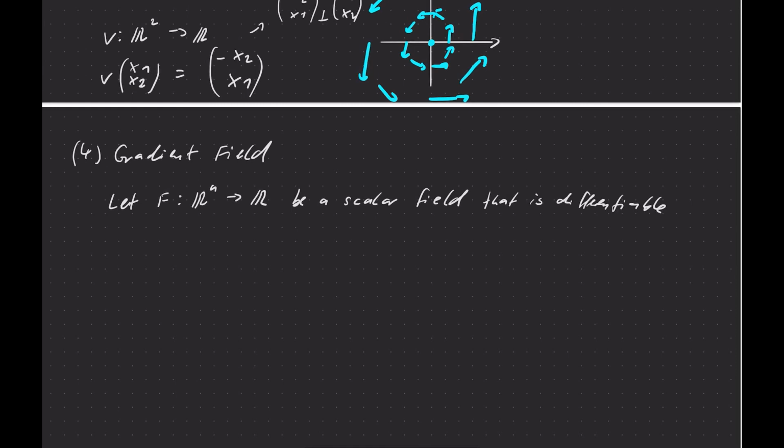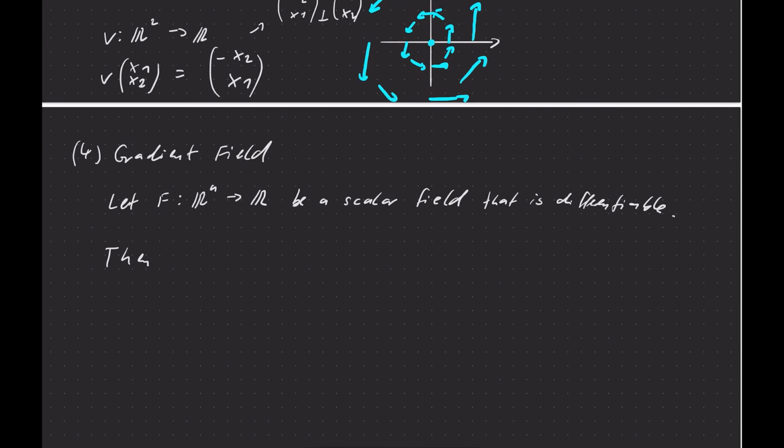Then it does have a gradient, and that gradient, for every point in the domain, is a vector. So we can interpret the mapping that maps to each point the gradient of f at that point as a vector field. And vector fields like this are called gradient fields.